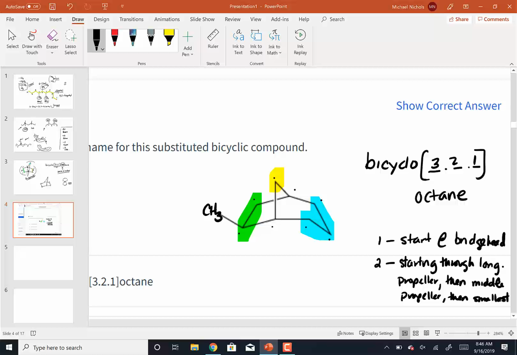So you start at a bridgehead and move through the longest one, and it has to be all one numbering scheme. You can't pick up your pen at all.